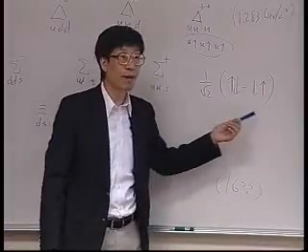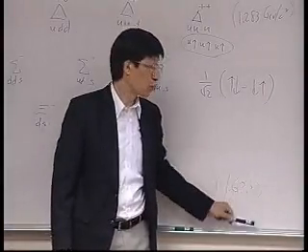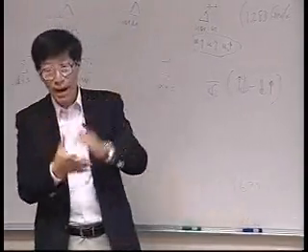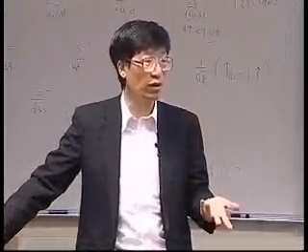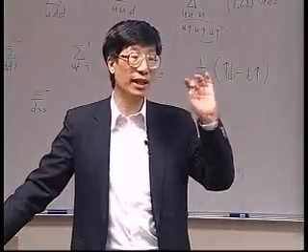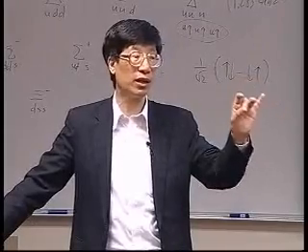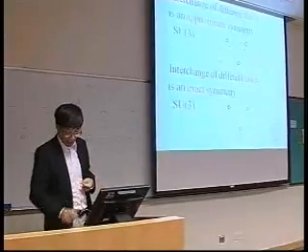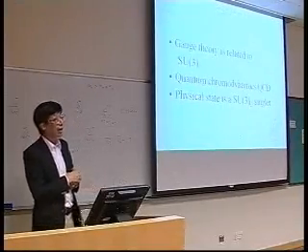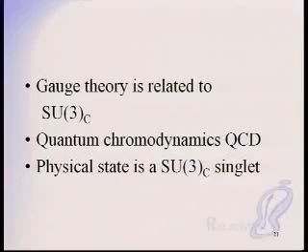It has angular momentum 0. So color, you can also combine in such a way so that it has total color equal to 0. 0 means if you take any color operator operating on it, you get 0. And this is called the SU3 of color. And gauge theory, or Yang-Mills theory, which we are going to talk about later, is related to the SU3 of color.